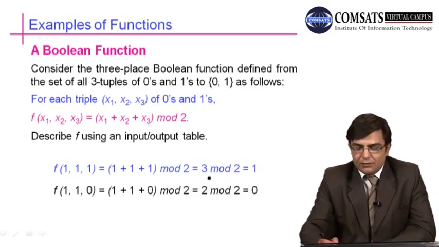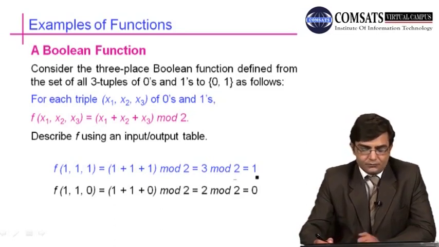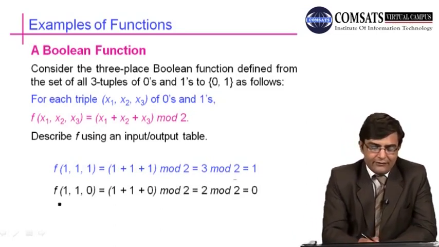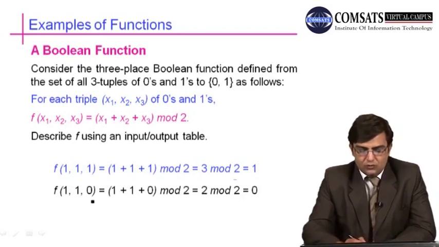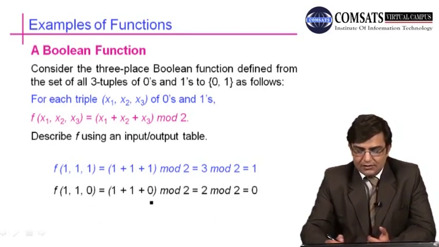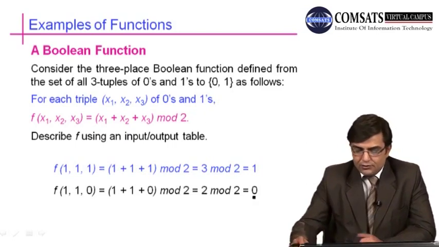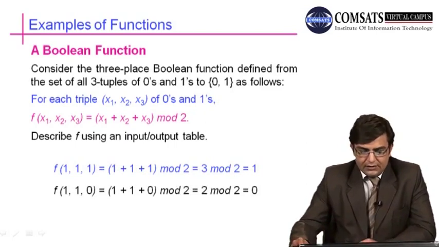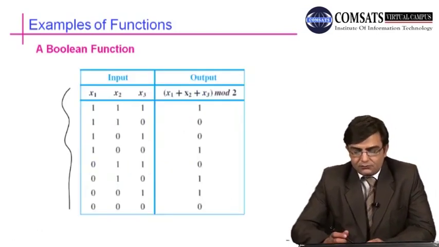When 3 is divided by 2, the remainder is 1. Similarly, if we have f of 1, 1, 0, we have 1 plus 1 plus 0, which is 2 mod 2. When 2 is divided by 2, the remainder is 0. So this is again a function.